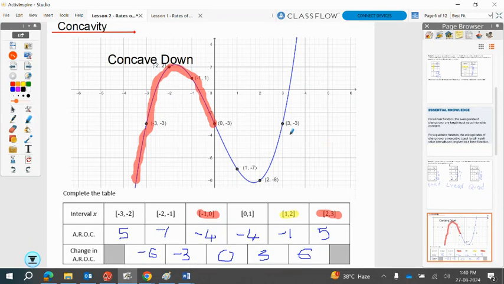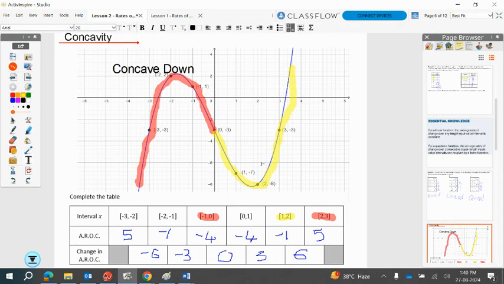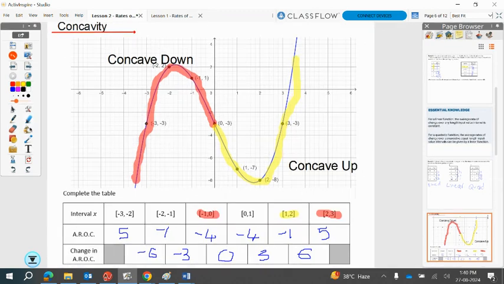Here, from this point round up here, this is concave up. Now, when it's concave up is from this interval here. When it's concave down, we've got this bit here.